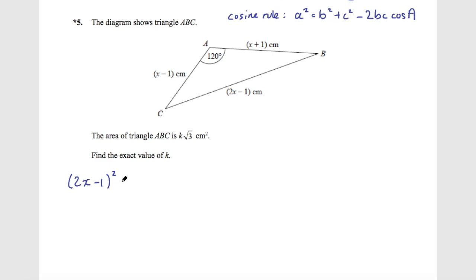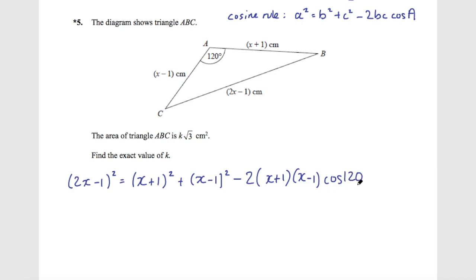So (2x minus 1) squared equals b squared, and either of these sides could be b. Let's just say that's (x plus 1) squared plus c squared. So this is c, (x minus 1) squared, minus 2 lots of bc. So b was x plus 1, c was x minus 1, and then cosine of 120.